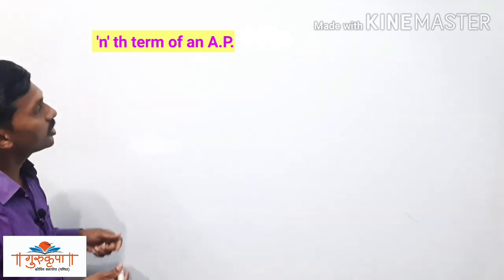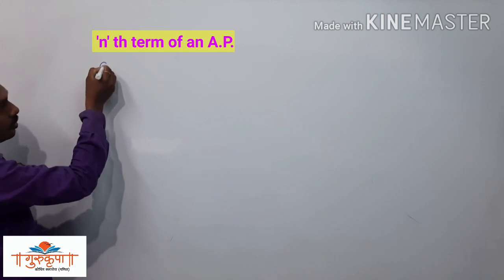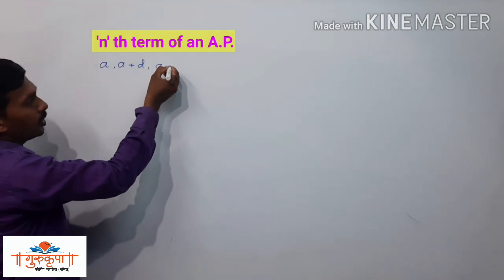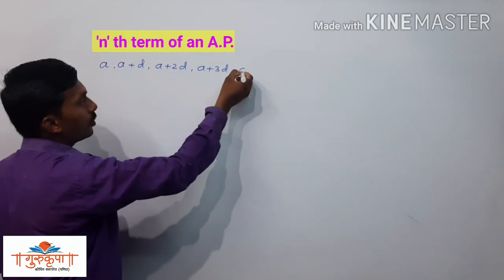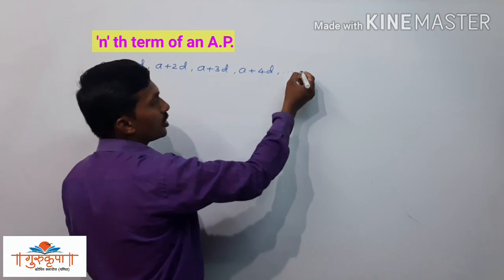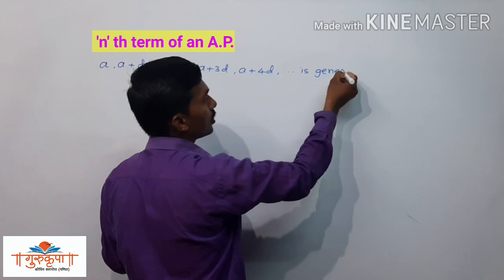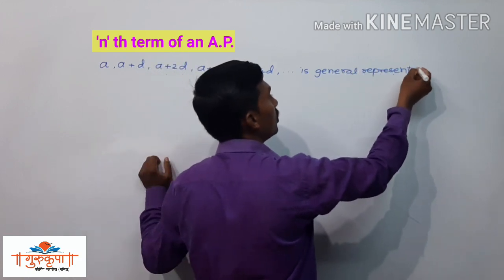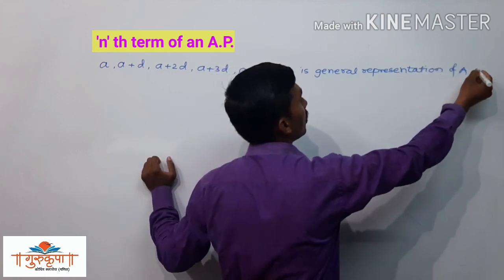So here first we will write the general representation of AP. This is a, comma, a plus d, comma, a plus 2d, comma, a plus 3d, comma, a plus 4d and so on is the general representation of AP.